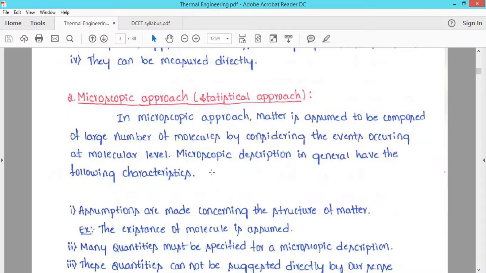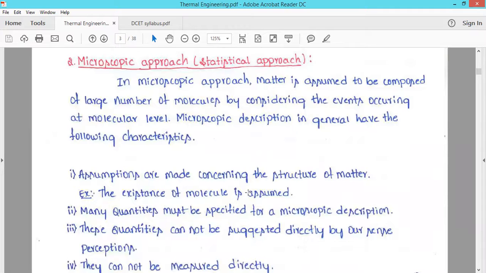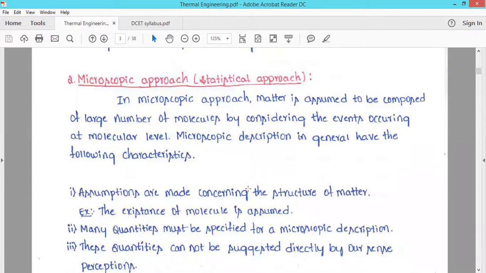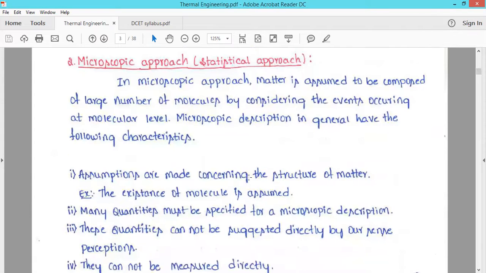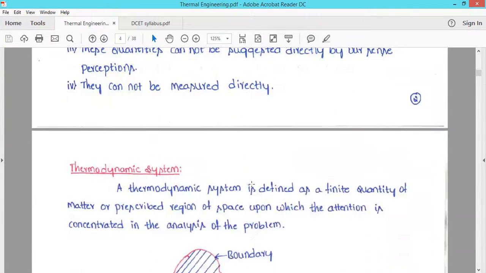If the gas consists of 1 mole of the substance, then it is Avogadro number of molecules multiplied by the three velocities, right? That's why this microscopic approach will be very tedious and a lengthier process. That's why in the analysis of all thermodynamic systems, we are going to consider the substance macroscopically, or we are going to apply the macroscopic approach.